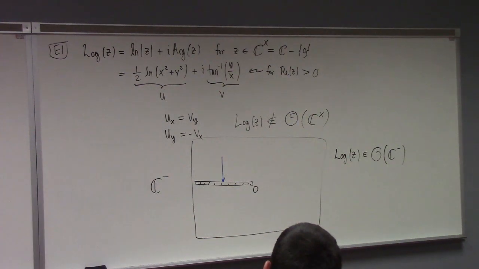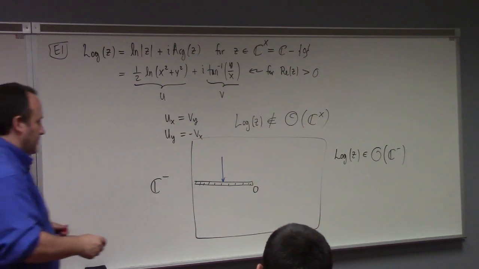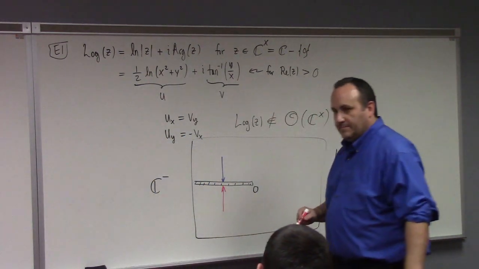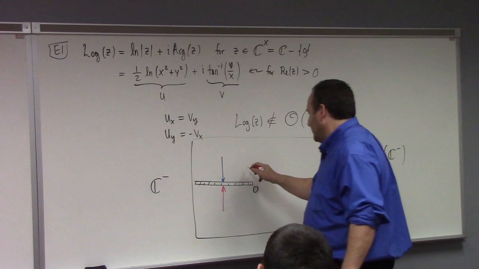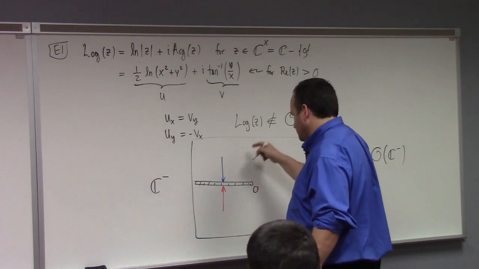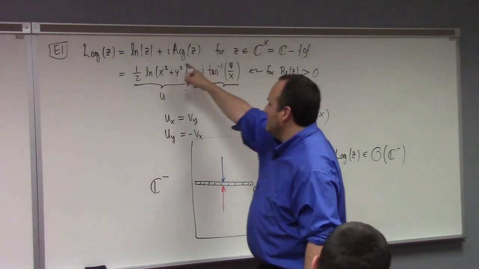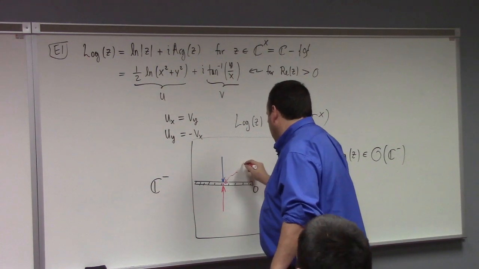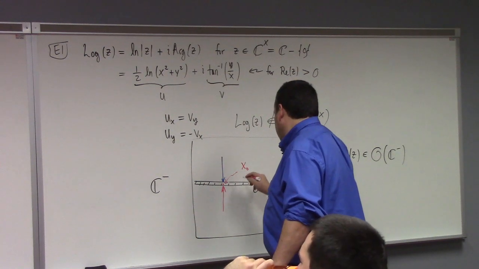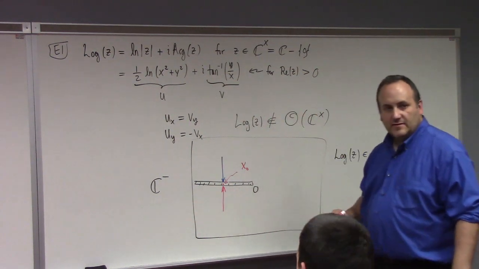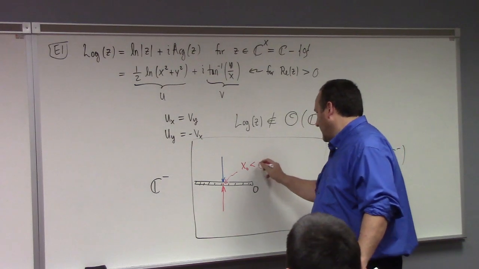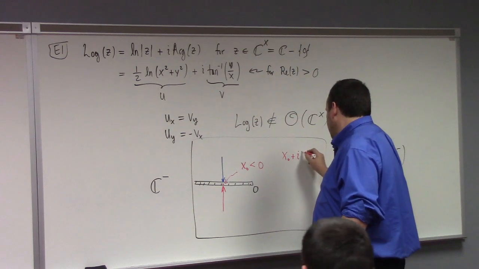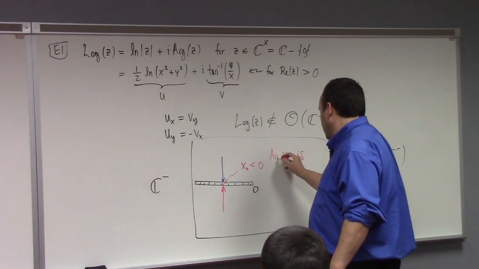Pick a point and approach from there and there, right? And if you look at the log, so what's the formula? If this point right here is, let's say, x naught, z equals x naught, which is less than 0, and you have x naught plus i delta, and you take the argument of that.